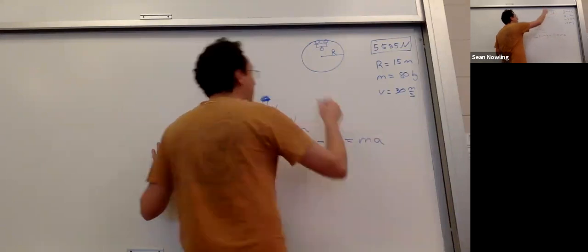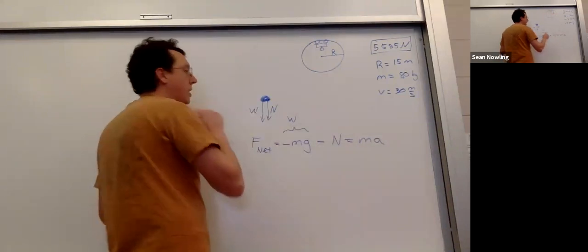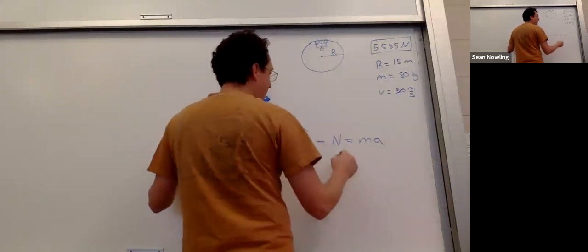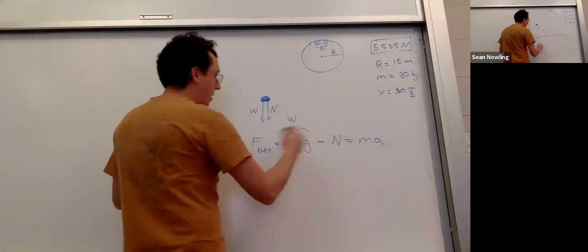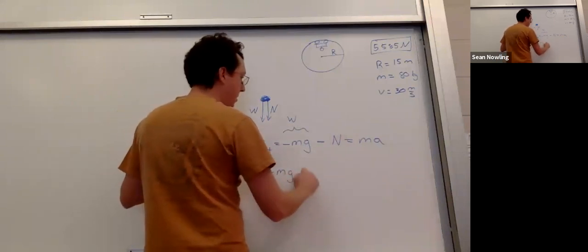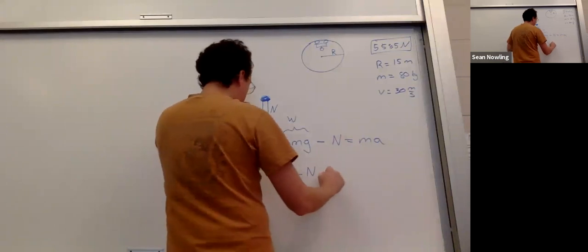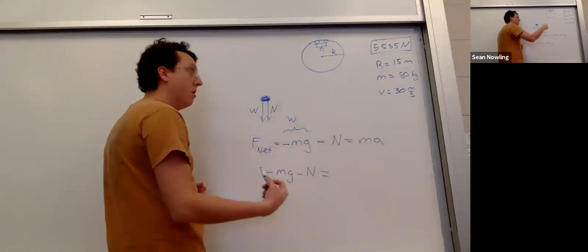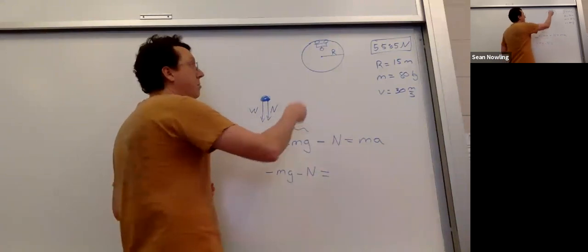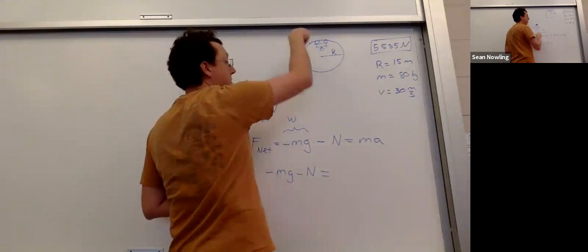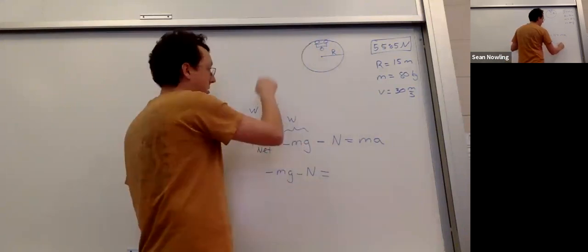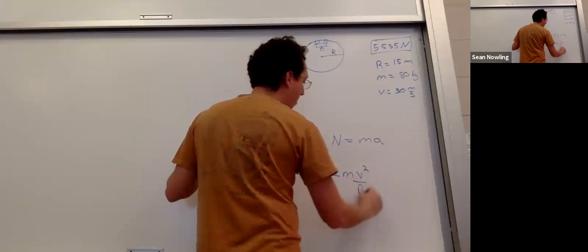And here, because it's circular motion, we're looking at an acceleration of v squared over r. So I can say minus mg minus the normal force equals the mass times acceleration, that's mv squared over r. But remember, the acceleration is towards the center of the circle, so I'm going to have minus mv squared divided by r.